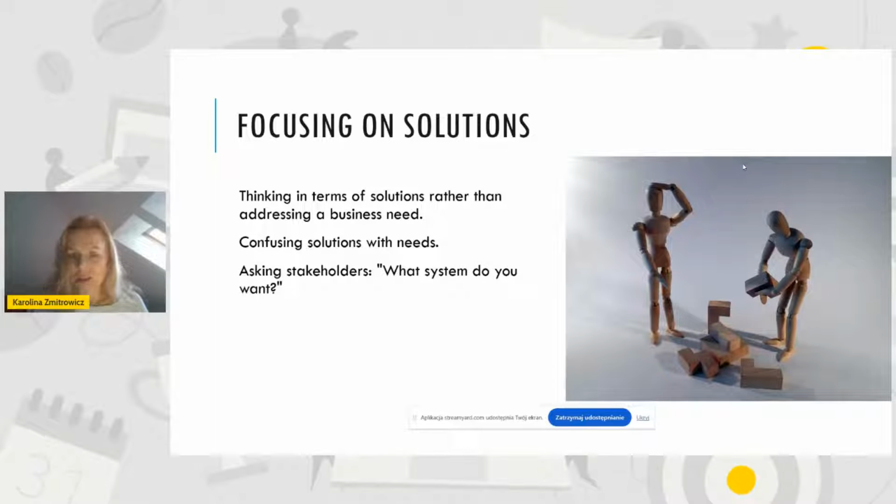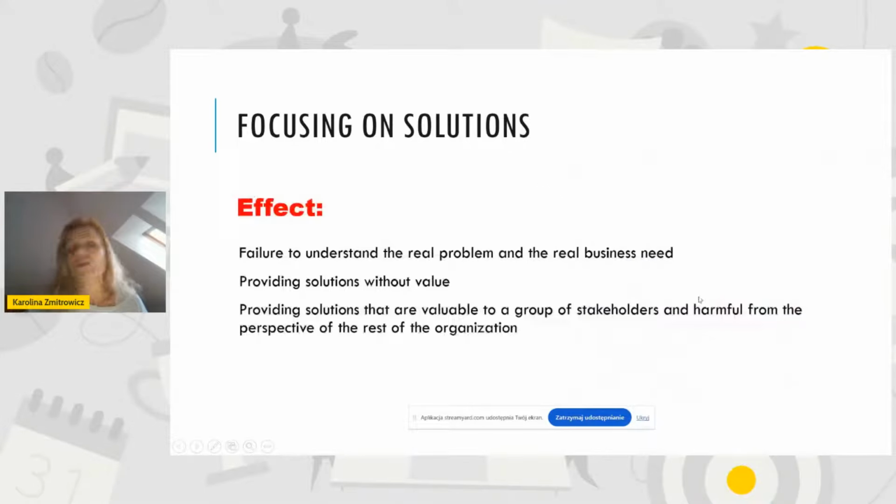Your stakeholders, to be honest, no offense, they do not want a system. They do not need a system. The system is a tool. In order to understand what could be the proper tool, you need to understand what is the problem. First problem, then solution. If you focus on solution, then the possible effect will be that you will deliver a solution that will bring no value.